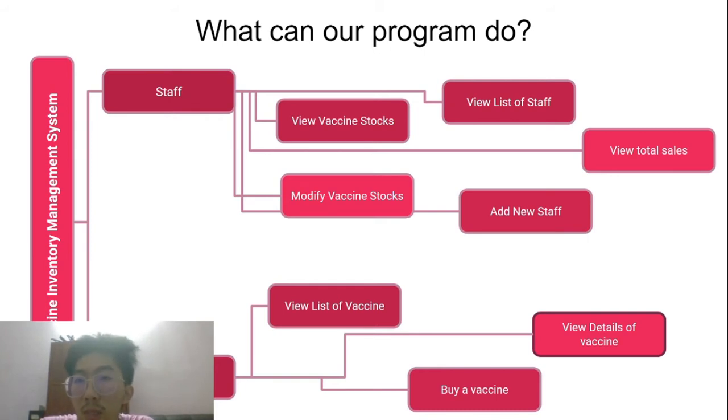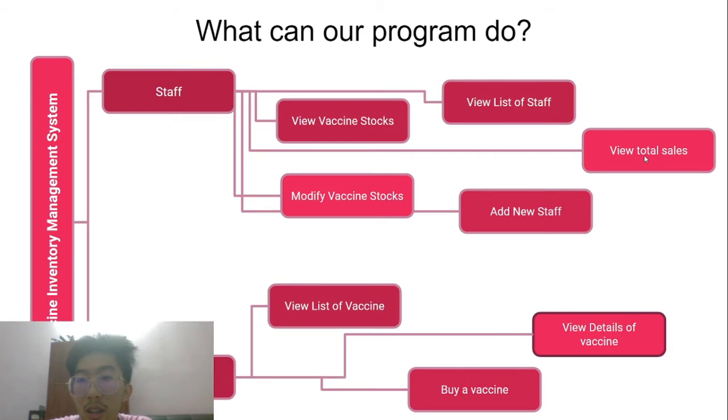Moving on, the admin can view the list of the staff. Definitely, when the admin has ordered a new amount of vaccine, they can modify it. The program allows the admins to modify the vaccine stock to add to the vaccine stock.